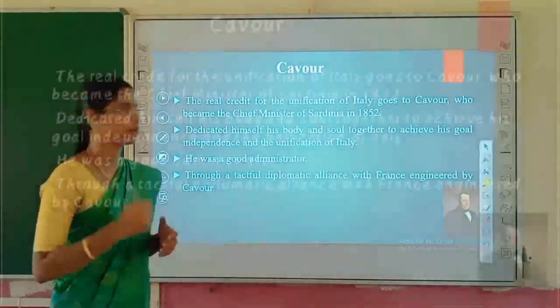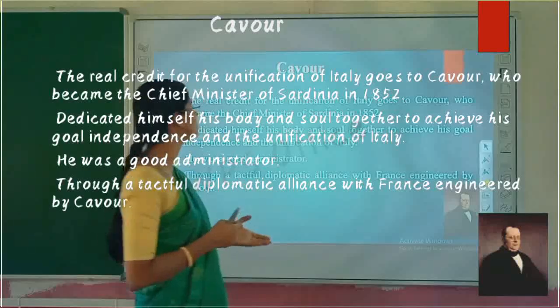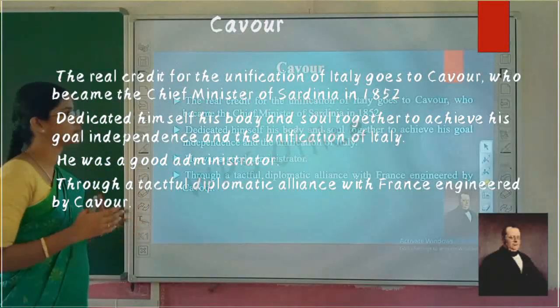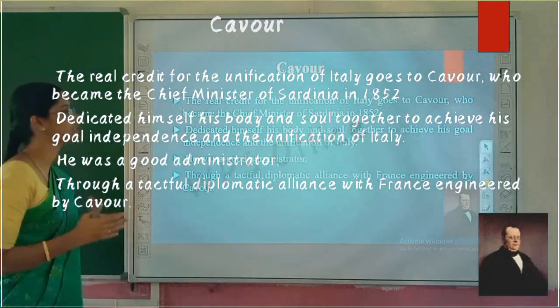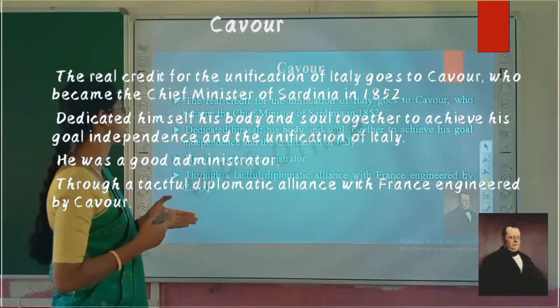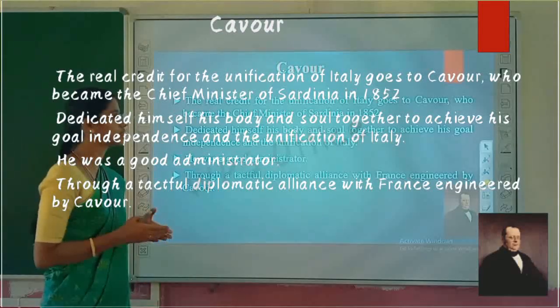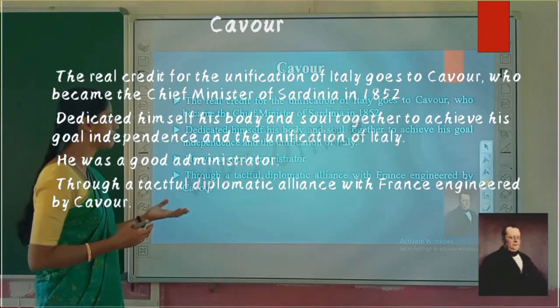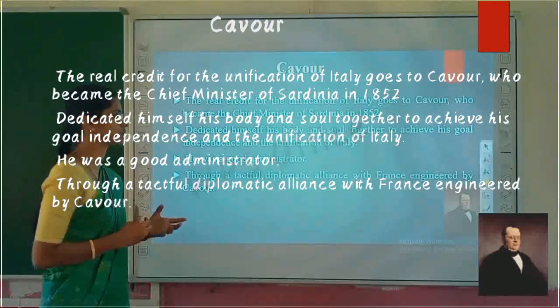And then we are discussing Cavour. The real credit for the unification of Italy goes to Cavour, who became the Chief Minister of Sardinia in 1852, and dedicated himself, body and soul, to achieve independence and the unification of Italy.